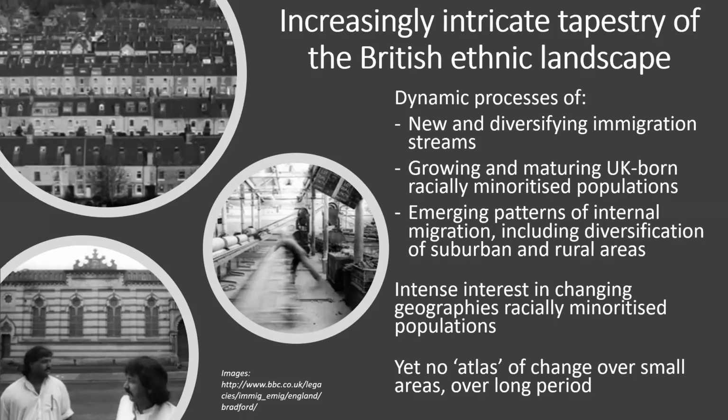Okay, so just as a little bit of context, and I will skip over this fairly quickly, we're really excited about the fact that pop change allows us to look at small area change for such a long time period, across a period that has seen massive changes in the demography of the UK.